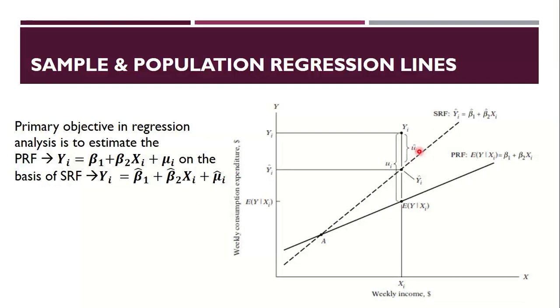So mu i hat is equal to yi minus yi hat; the difference between these 2 points is known as residual or mu i hat.